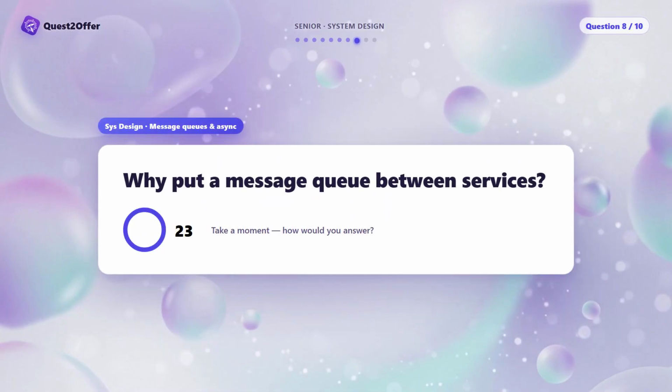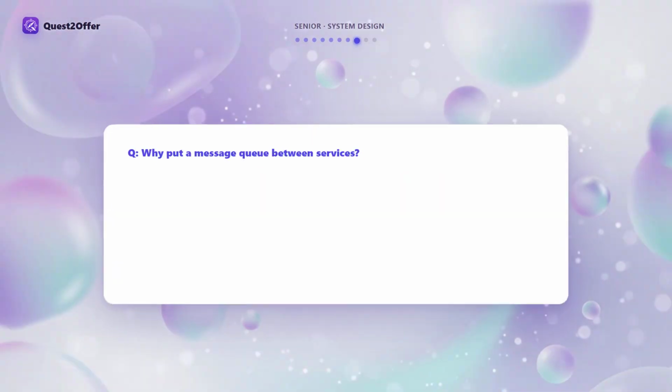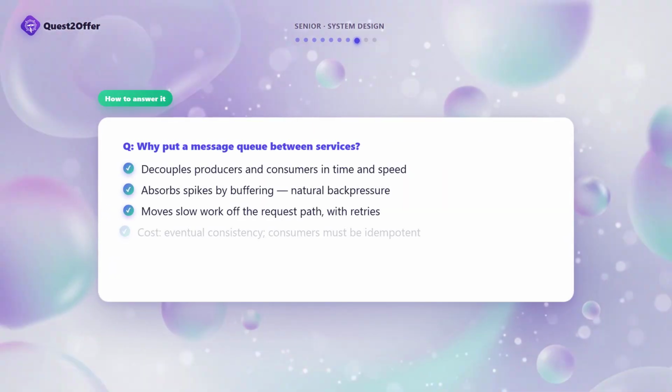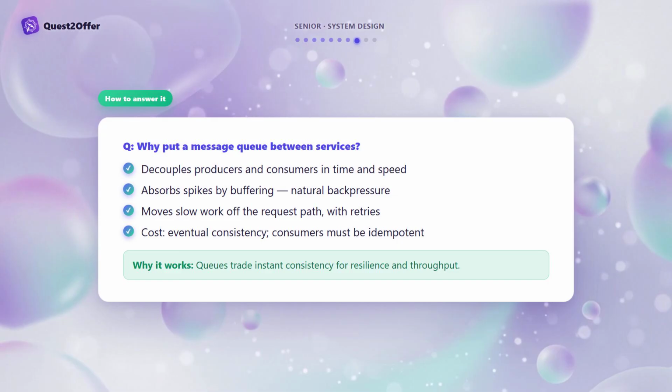Why put a message queue between services? A queue decouples producers from consumers so they don't need to be up at the same time or run at the same speed.